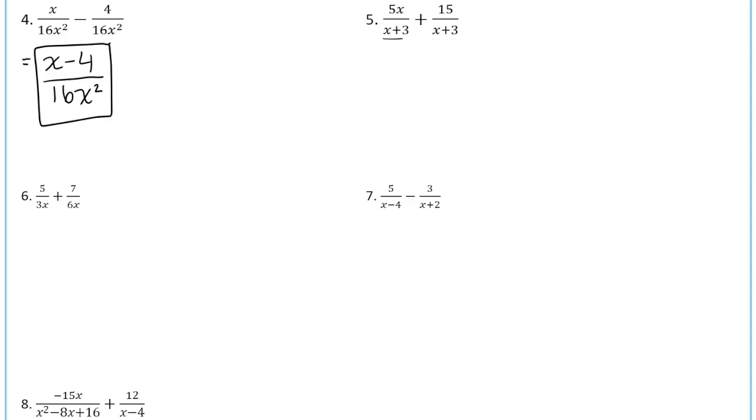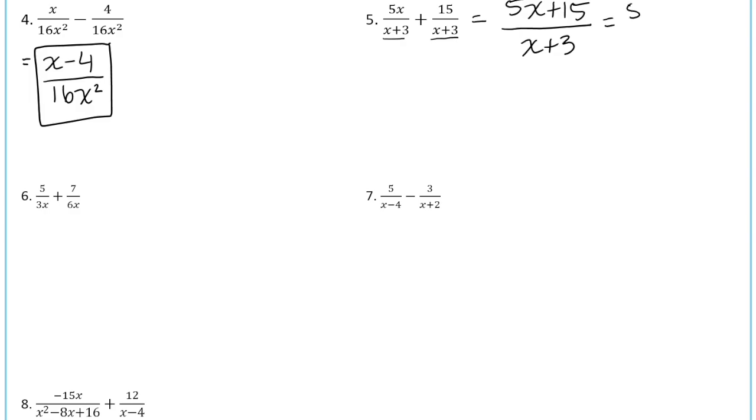For the next one, we have the same denominator, x plus 3. So we can add them together in the top. So I have 5x plus 15 over x plus 3. Now, we do need to simplify things. If I can factor something, I'm going to factor it.